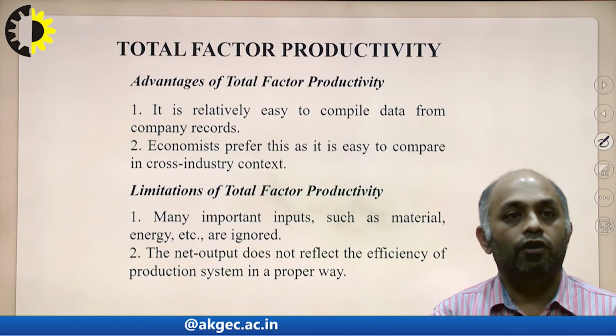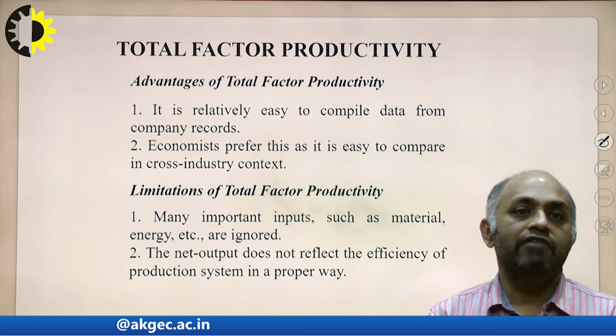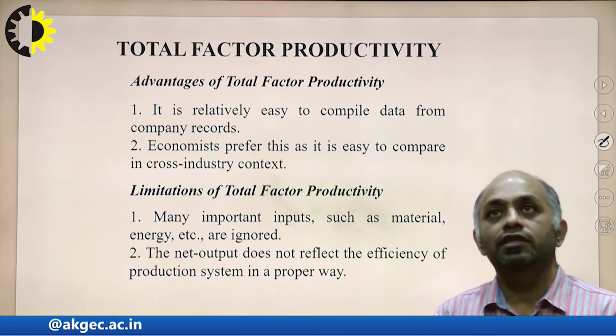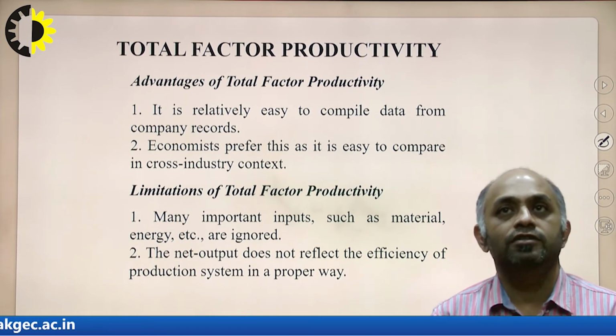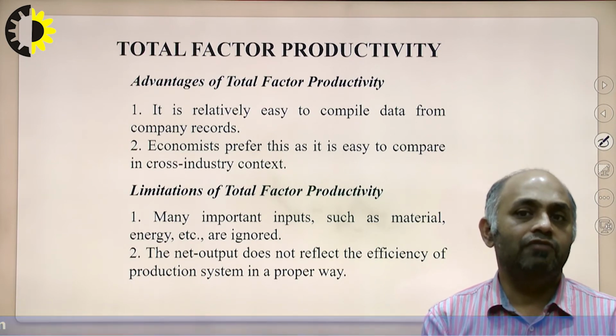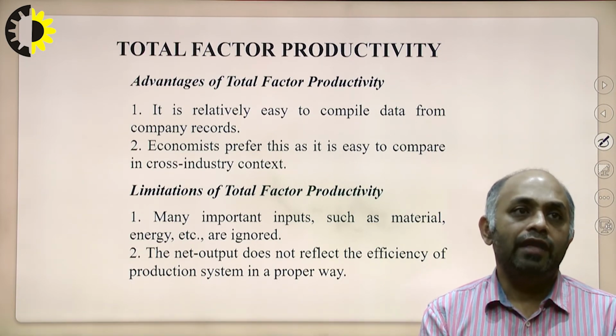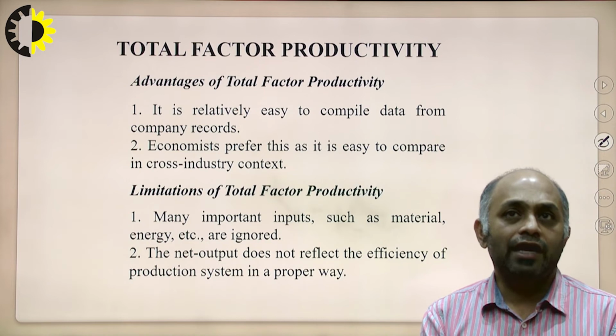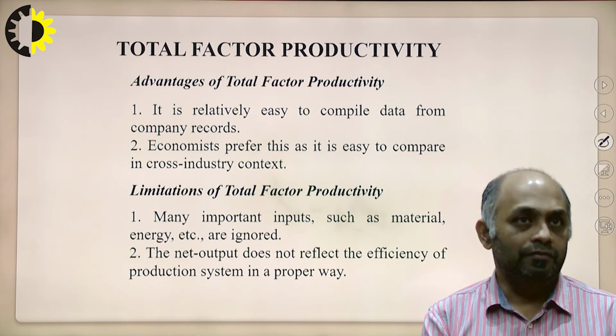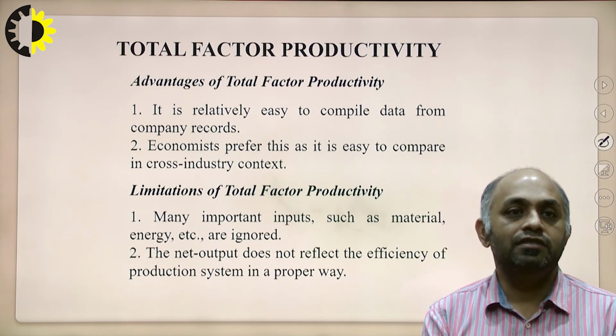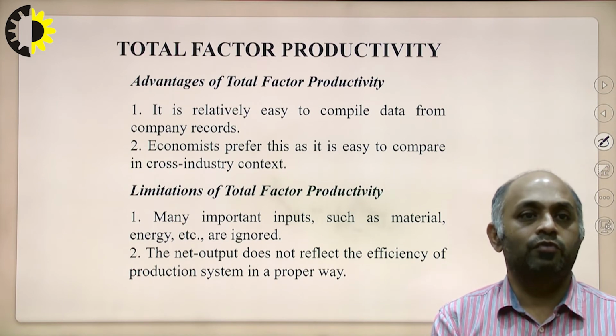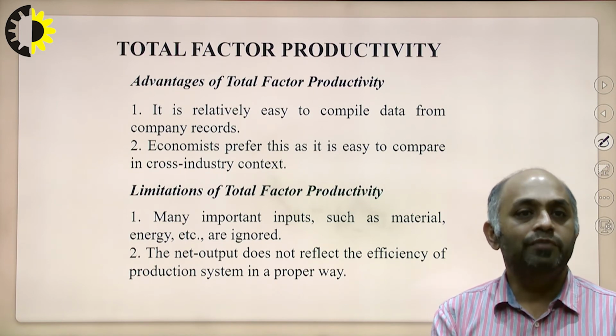Now we'll go for total factor productivity and see the advantages of this, right? Because we have seen the partial productivity also. In the case of partial productivity, we can only see a part of the productivity. So it is never a complete picture that we can see.